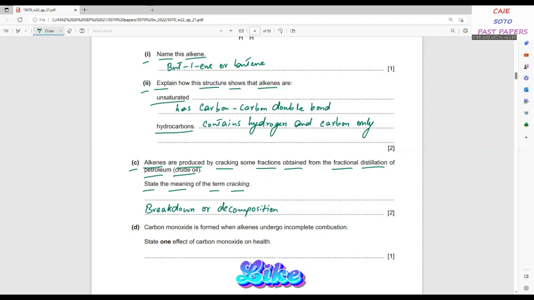So you can even give the idea of breaking long chain hydrocarbons to get short chain alkanes.